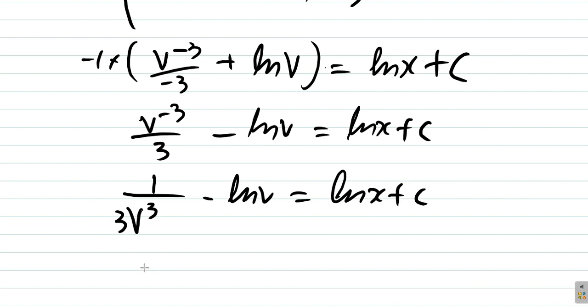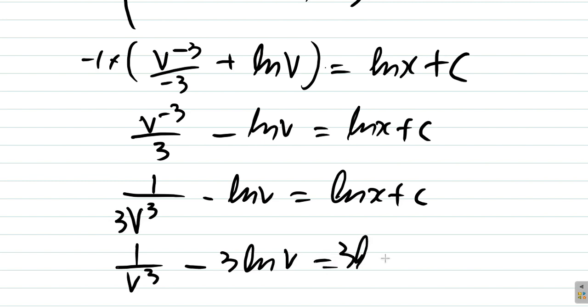Now if you multiply across by 3, you get 1 over v cubed minus 3 ln v equals 3 ln x plus 3c. Call it d. 3 times a constant c will become a different constant. We call it d. Alright.